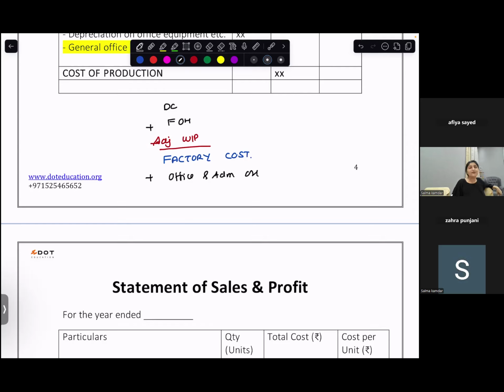Why do I add them? Because there are certain things that you do in the office, like placing the order of your material, accounting for it, the staff salary. Without an office, it is not possible for you to produce the goods. So you add the office and administration overheads, you will get the cost of production. And this is the cost of producing the goods.